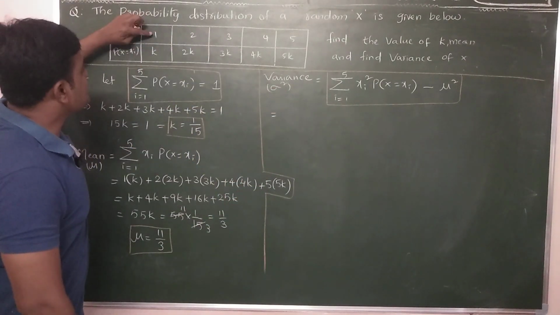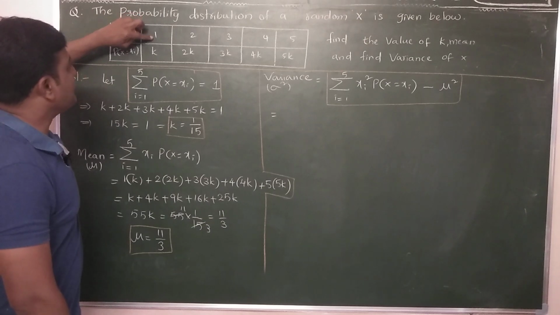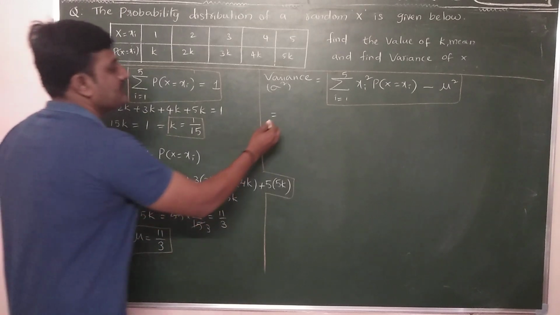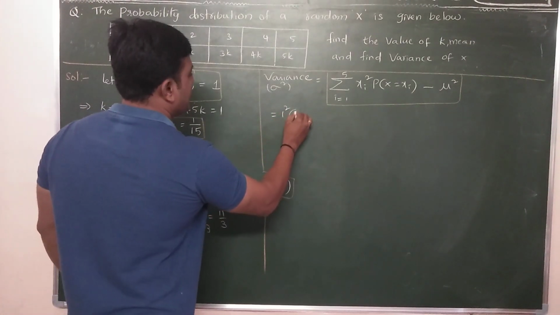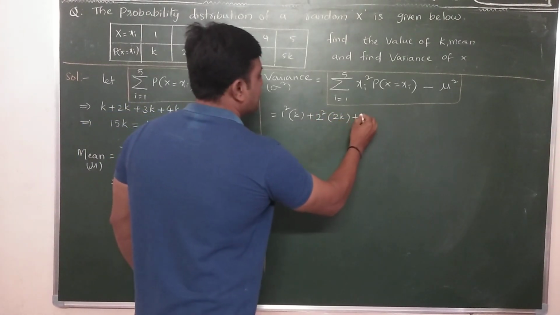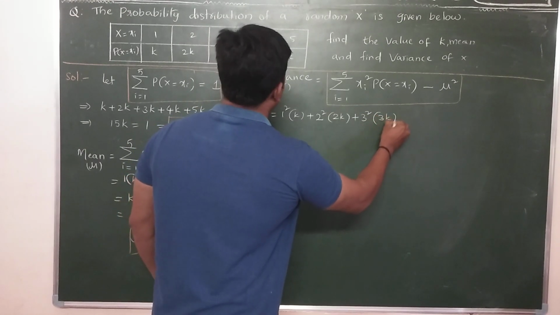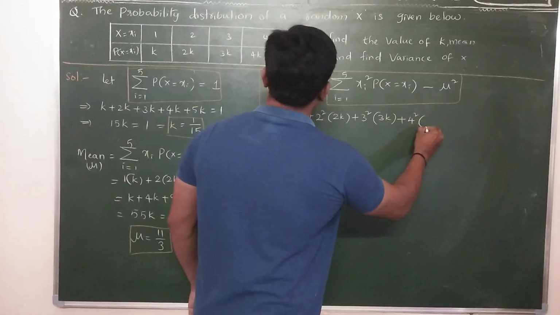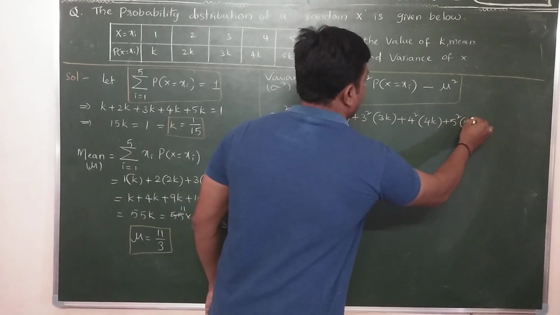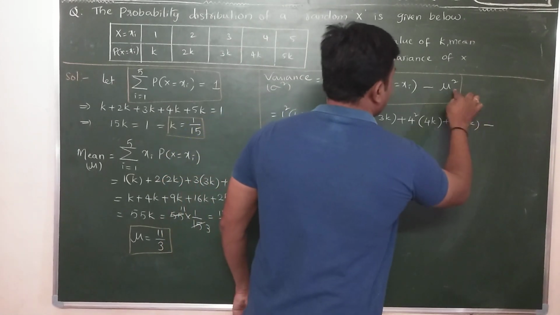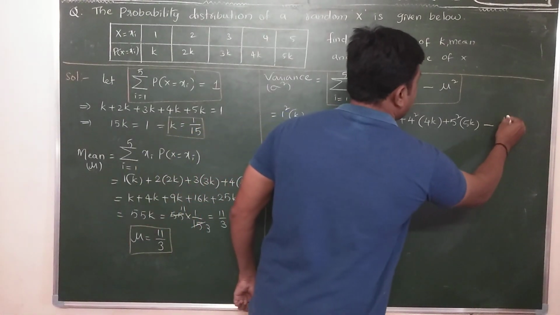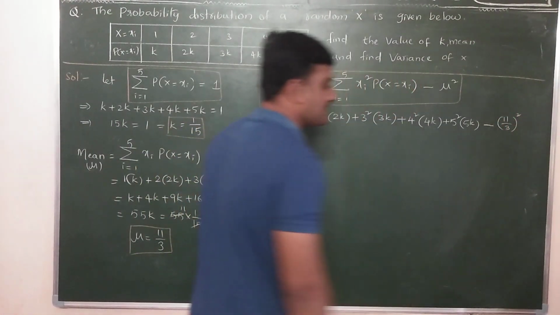Taking squares of xi and multiplying with the probability of xi: 1 square into k plus 2 square into 2k plus 3 square into 3k plus 4 square into 4k plus 5 square into 5k, minus mu square, nothing but 11 by 3 whole square, leave it.